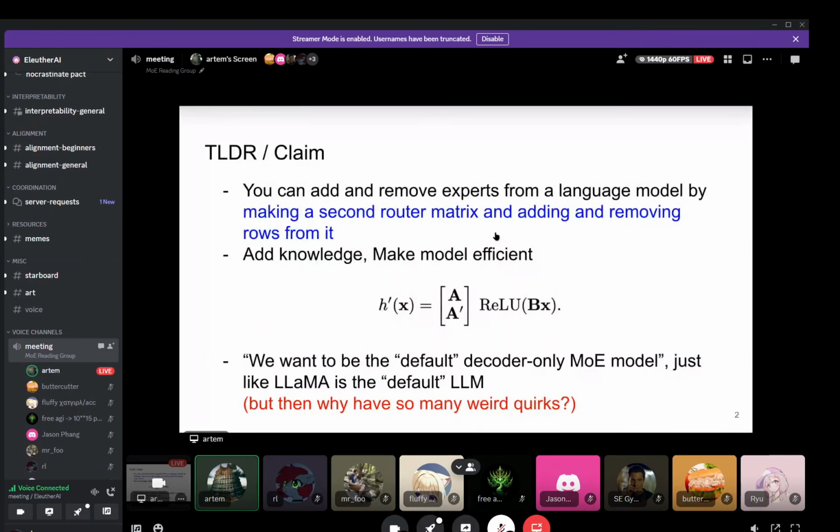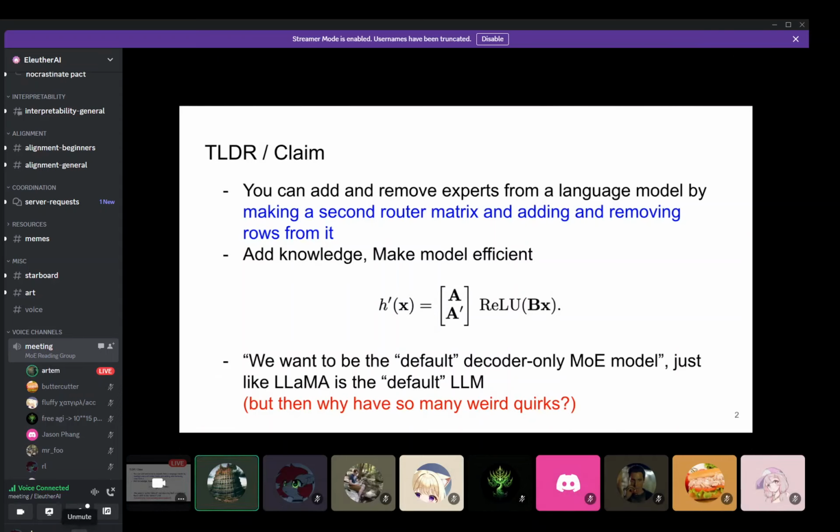Thanks. Yeah, and so after pre-training, you do a separate fine-tuning step, which then allows you to remove experts or also add experts. By adding experts, you could add knowledge, and by pruning experts, you could make the model more efficient and use less memory.